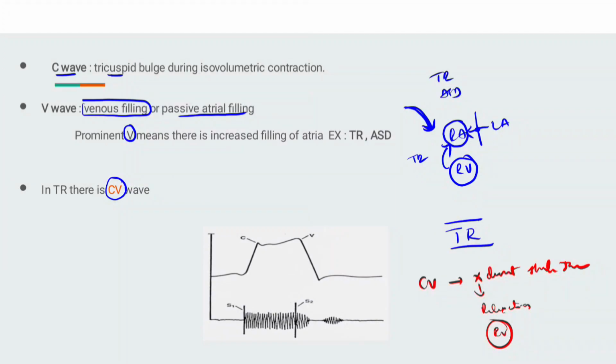In tricuspid regurgitation, the right atrium throws its blood to the right ventricle, but the right ventricle throws the blood back to the right atrium through the tricuspid valve. So there is no time for the atria to relax, and no X wave is formed. Instead the CV wave is formed. It is seen in tricuspid regurgitation.